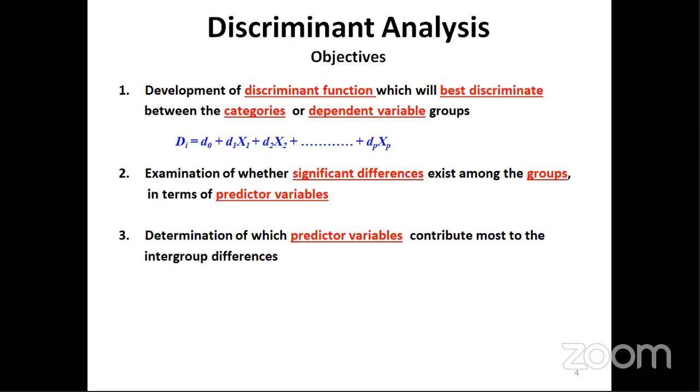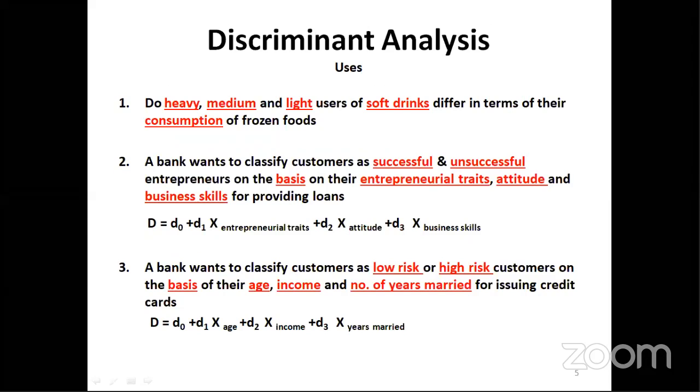And whatever your dependent variable is, for explaining its groups, however many groups there are, what is the contribution of each independent variable? In this example only, if you are categorizing these consumers into two groups, non-satisfied and satisfied, then whose role is more, is the role of income more, or is the role of age more? So we have to identify. This is another objective of the discriminant analysis.